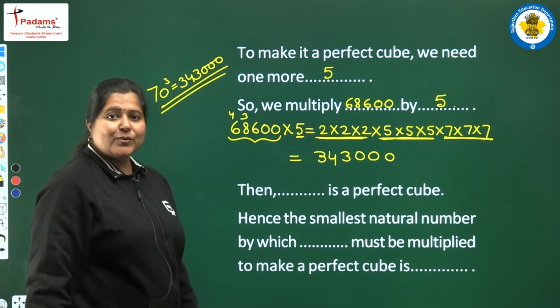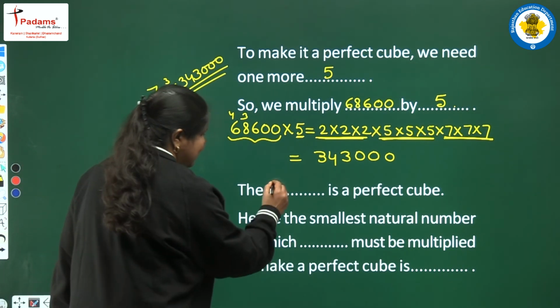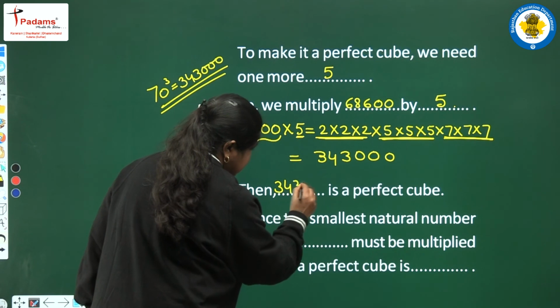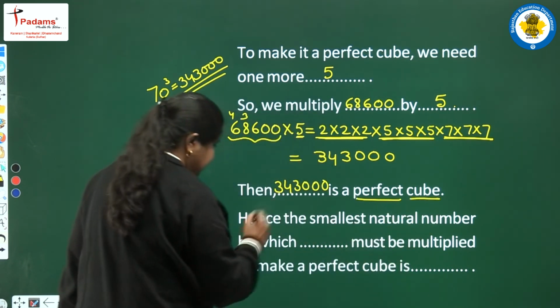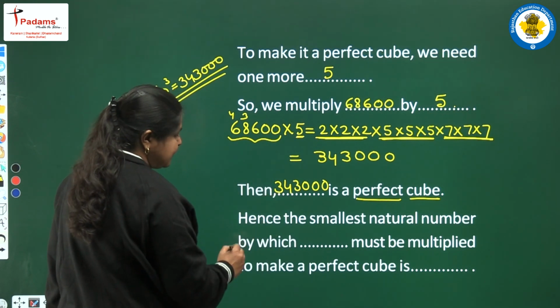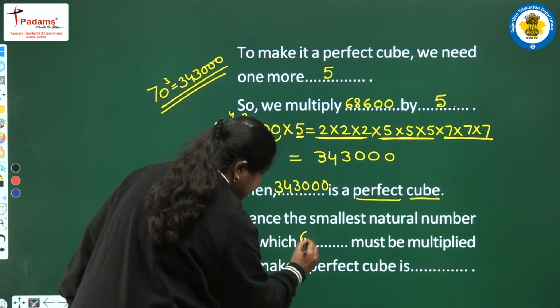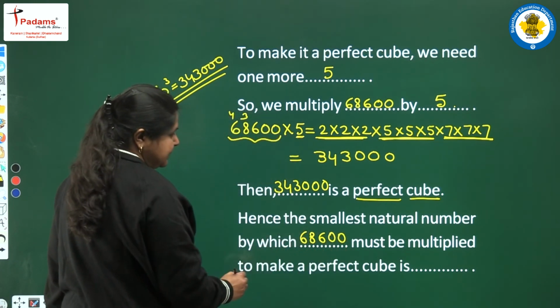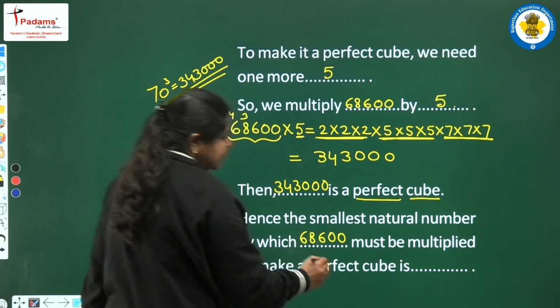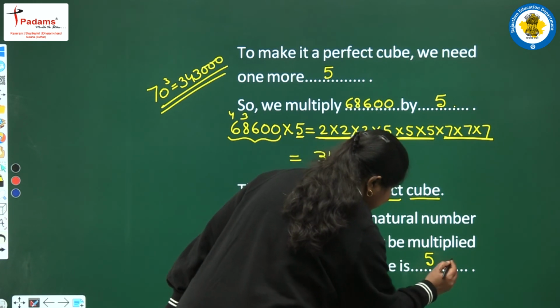It is equal to 70 cube. So this number is a perfect cube, and hence the smallest natural number by which 68,600 must be multiplied to make a perfect cube is 5.